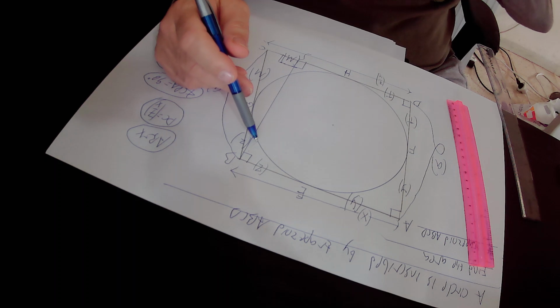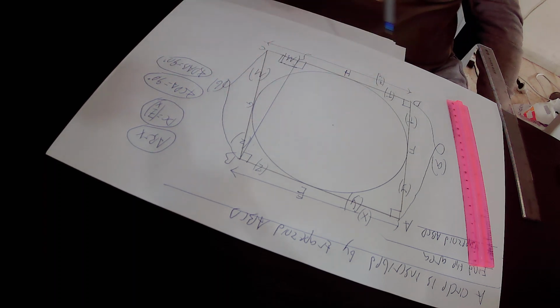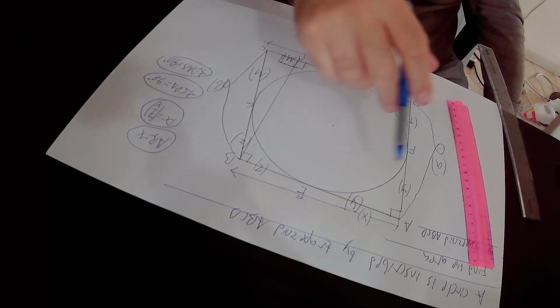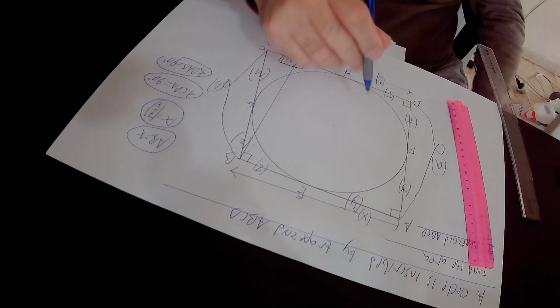So inside quadrilateral ABSD we have 4 right angles. And we know that any quadrilateral that has 4 right angles must be at least a rectangle if not a square. So we relate to this quadrilateral ABSD with 4 right angles as a rectangle.